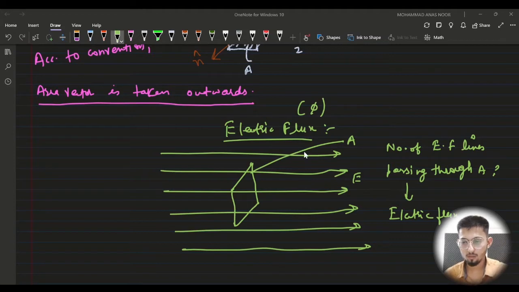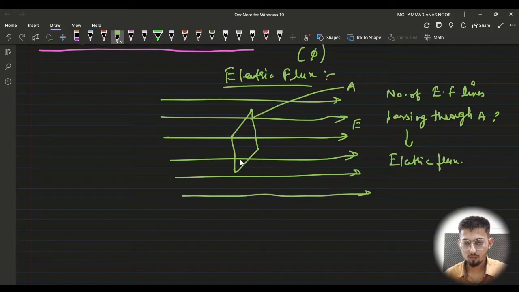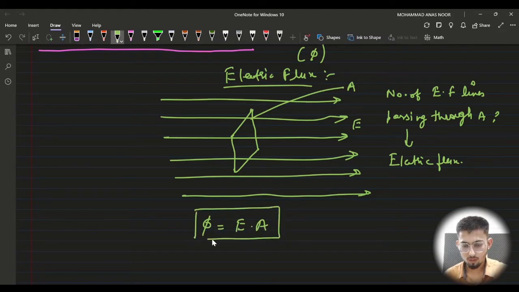Phi is E dot A. This is the dot product. This is the electric field, this is the area, and if you perform this operation E dot A, you will get the flux.